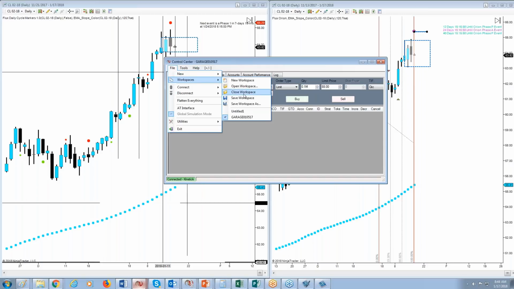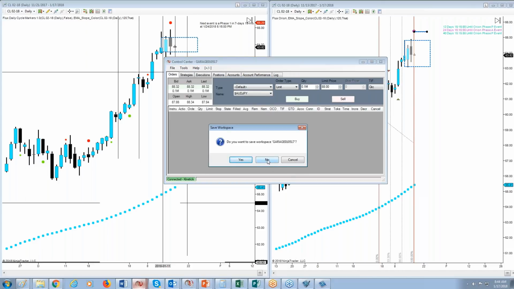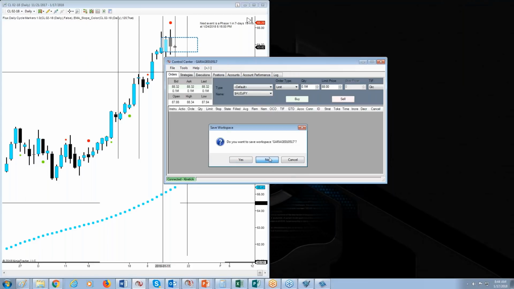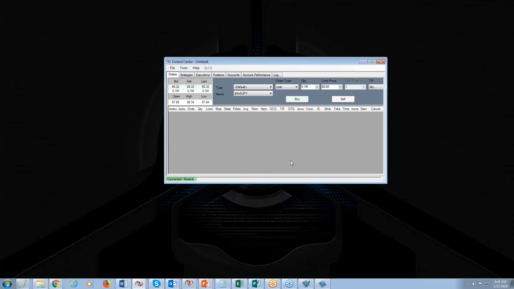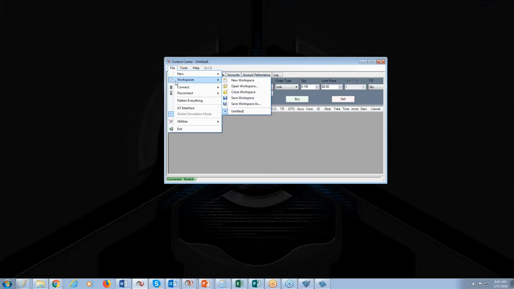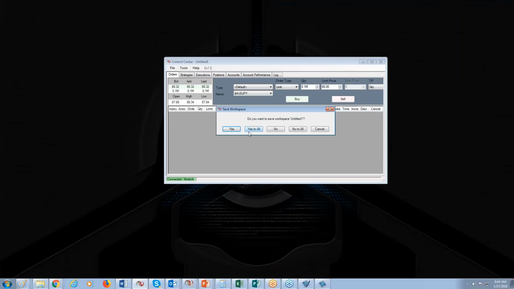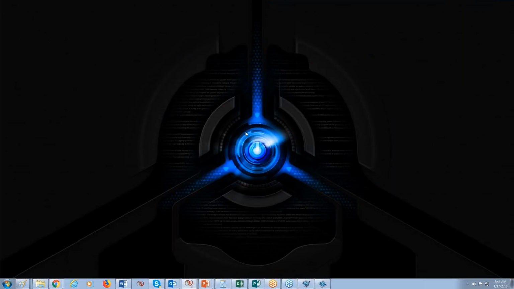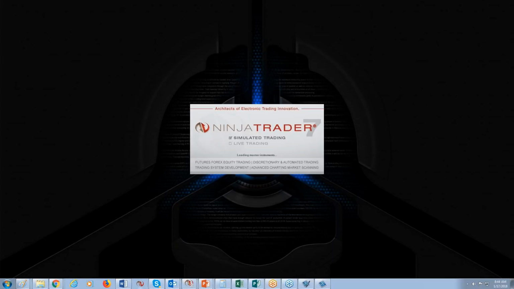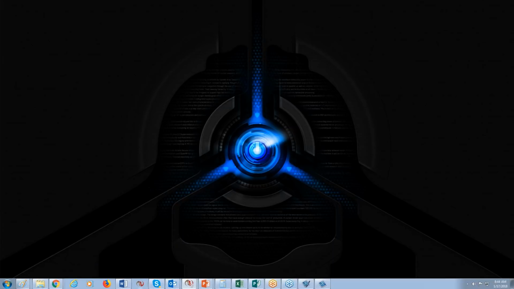Workspace. Close this workspace. No, we'll just get rid of that. Okay, so now I'm going to exit and restart NinjaTrader. And we'll go down into the lower time frames, intraday, and watch for some setups.